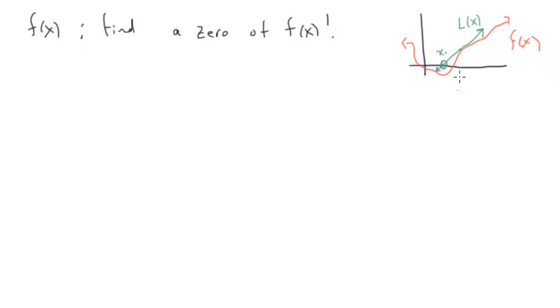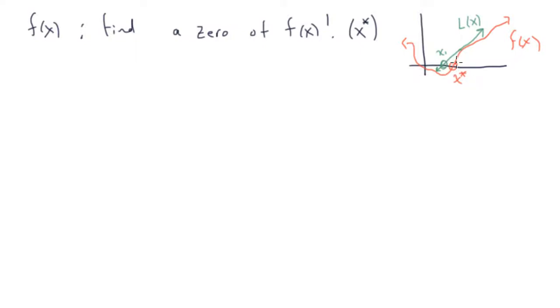But of course, what I'm going for is the 0 of the function that we're calling x star. So you see that the 0 of the tangent line will be an approximation to the 0 of the function.